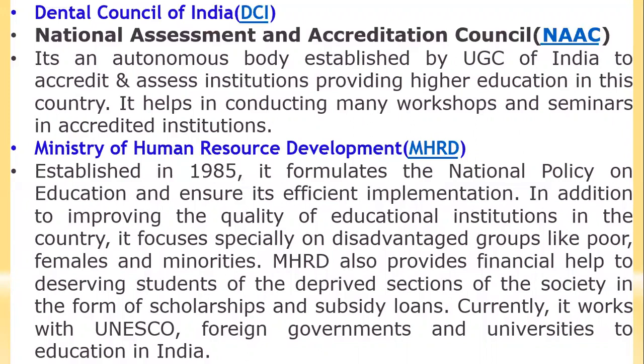So it looks into the quality at each and every stage, from infrastructure, quality of education, how many students are going for higher education, how many are placed in good organizations. It also looks into the marks obtained by the students. All these things. So there is a measure of quality at each and every stage in the colleges.